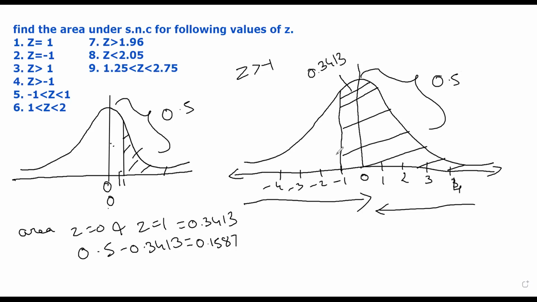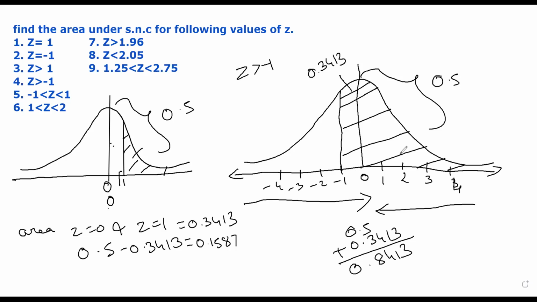Now if I want to find out area greater than -1, it will be 0.5 plus 0.3413, which is nothing but 0.8413. This is what we are talking about. Area greater than -1. एक ही वैल्यू निकाली थी मैंने अभी तक z की, उसी के ऊपर से मैं आपको एक्सप्लेन करने की कोशिश कर रही हूँ.